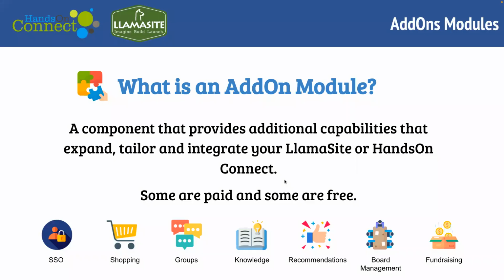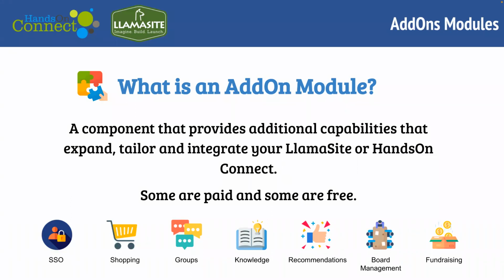So what's in an add-on module? It's basically a component that expands your capability and also tailors it to what you're trying to solve. You might need additional capacity, a different integration, or different functionality, either because you've grown into it or you're expanding in some way.